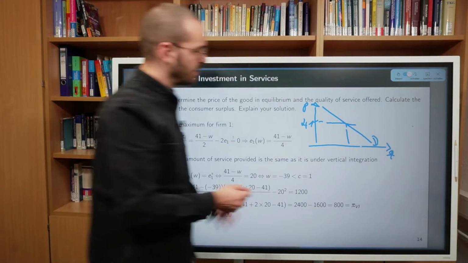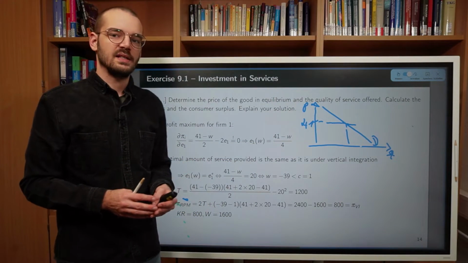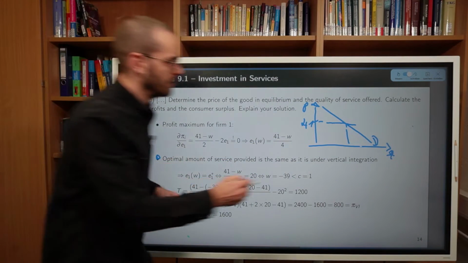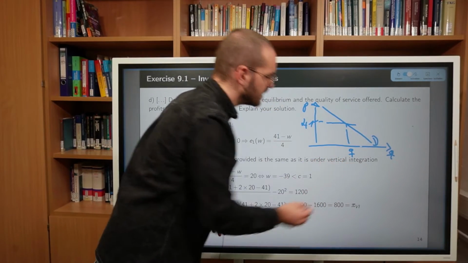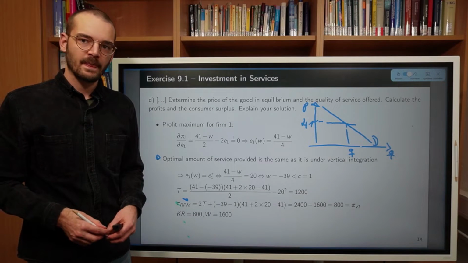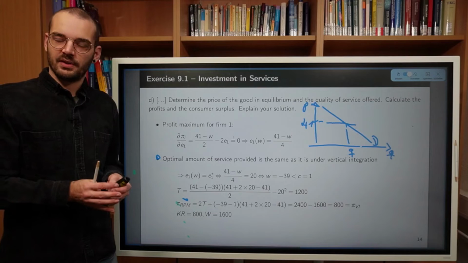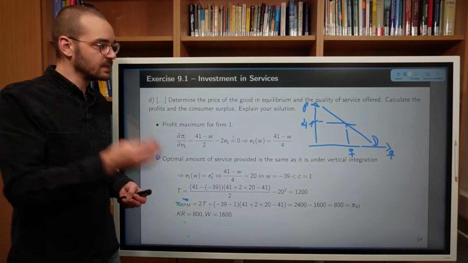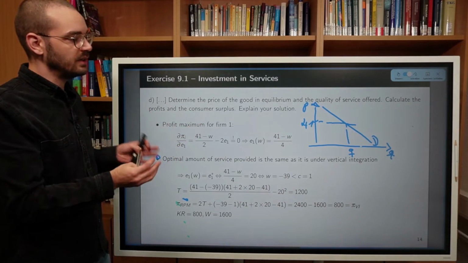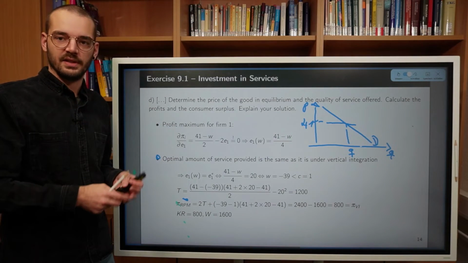Then we know that this price is profit maximizing only for the same quantity that we already saw under vertical integration.